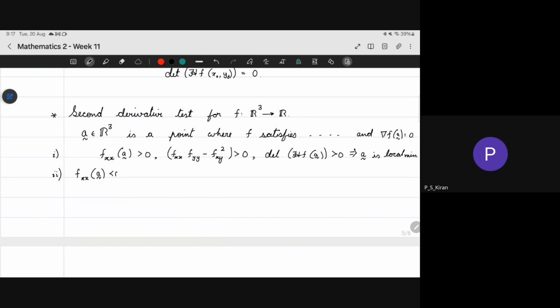If this is negative, this is positive, and this is negative, implies there is a local maximum.